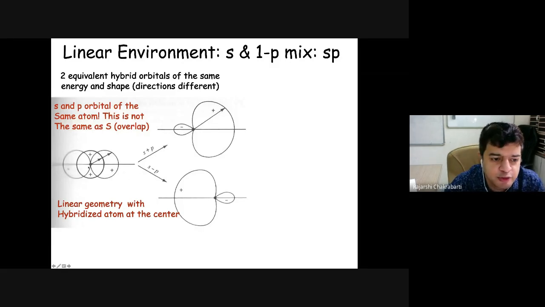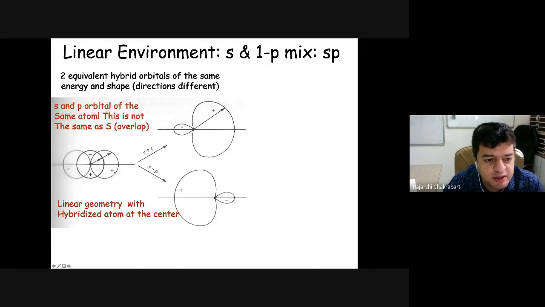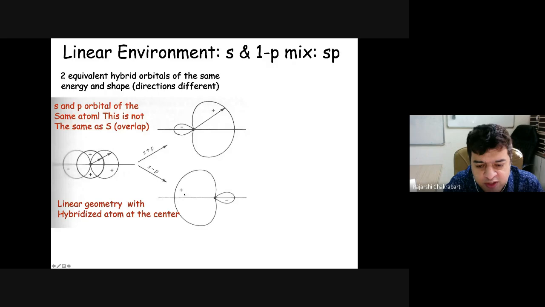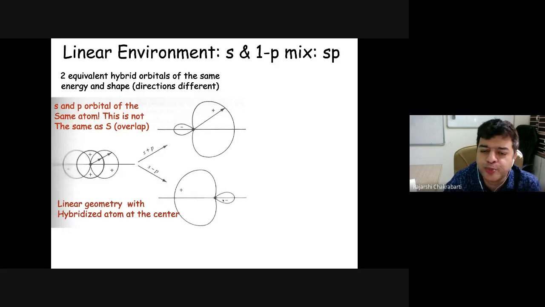On the other hand, if you do this orbital minus 2p orbital, it basically means you have to change the sign of the 2p orbital. In that case, your right lobe would be minus and the left lobe will be plus for the 2p orbital. You'll get a very similar looking orbital but with a different direction. This is plus, this is minus. So these are crude pictures of sp hybrid orbitals.